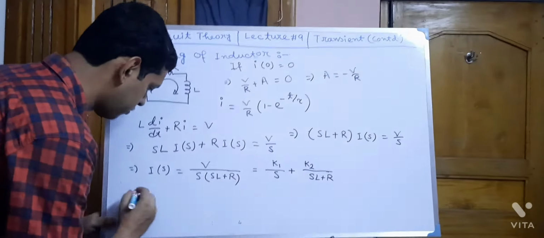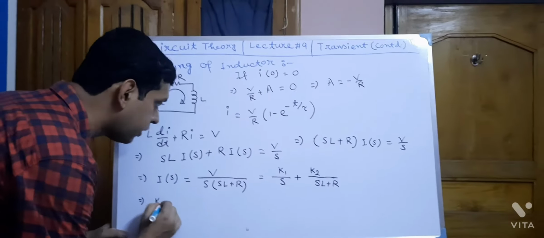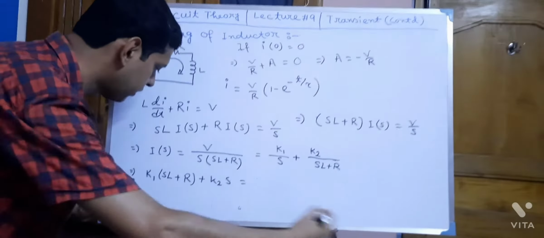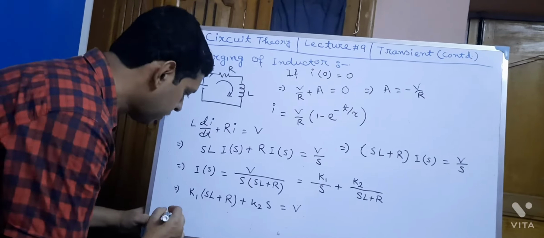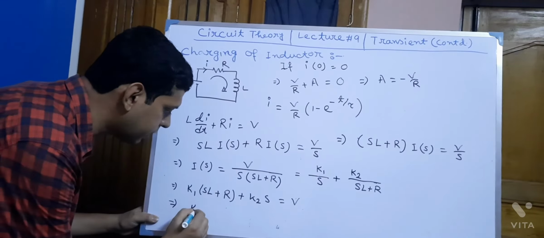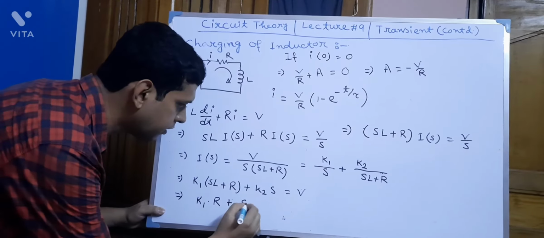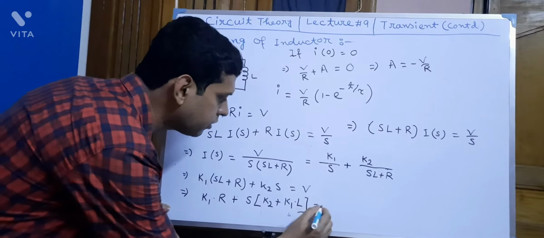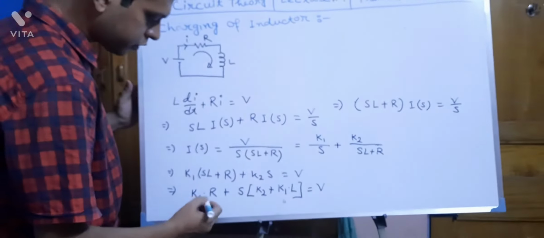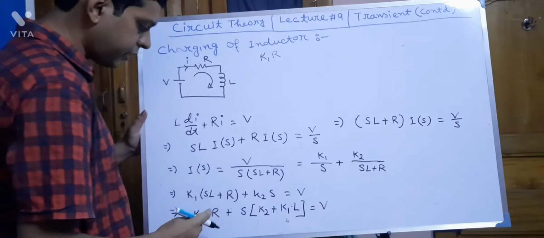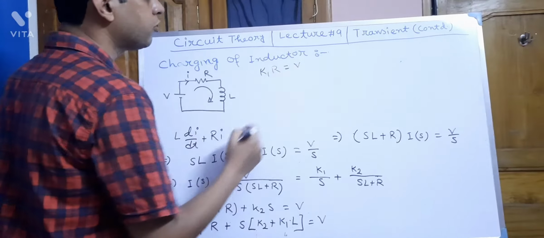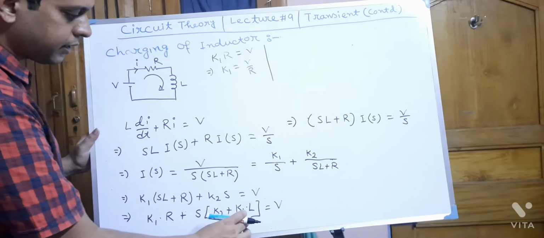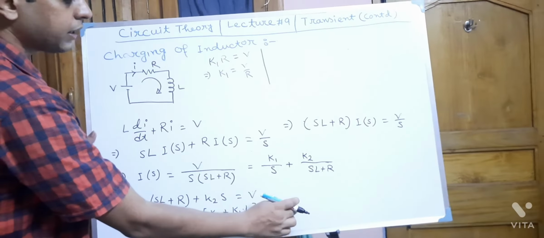So K1 into (SL plus R) plus K2 into S equal to V. Therefore, K1 into R plus S into (K2 plus K1 into L) equal to V. The constant term on the left hand side is K1 into R, and on the right hand side it is V. So K1 equal to V by R. The coefficient of S on the left is K2 plus K1 into L, and on the right it is 0.